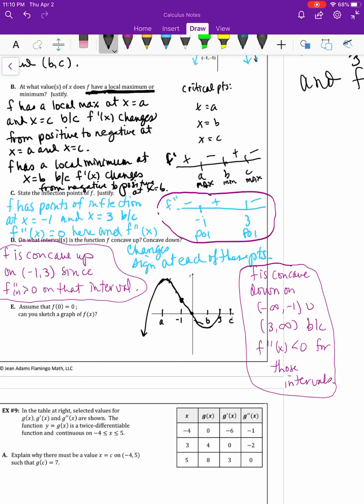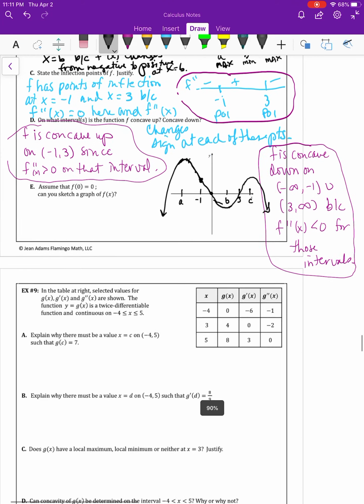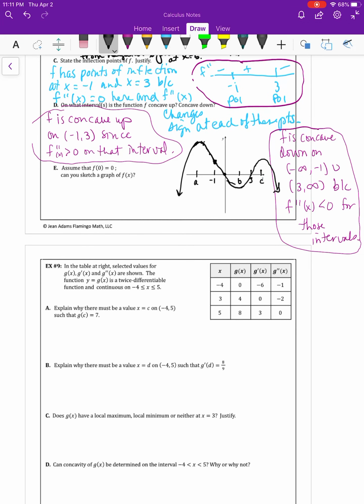I've got a point of inflection at 3 where it goes from being concave up. So here at C, I have a maximum again. I want it to go concave down. So I think that that is about what my function would look like, and it does look like a quartic function, with a negative lead coefficient.